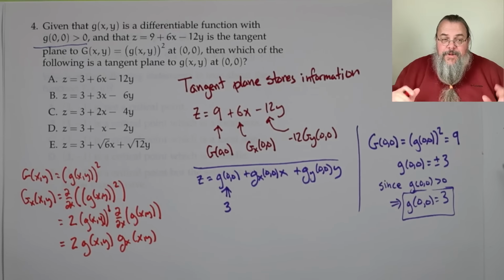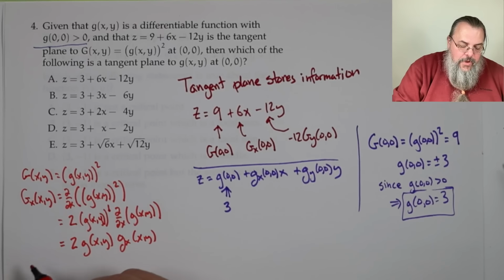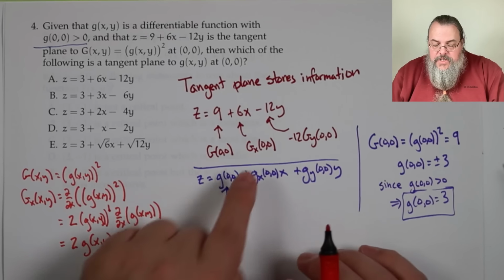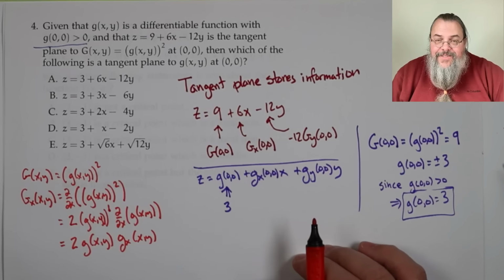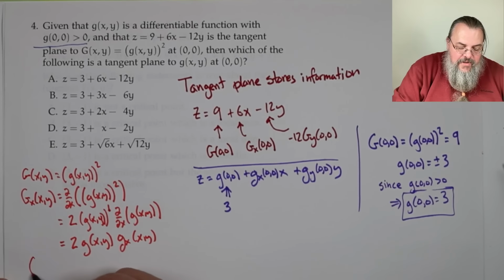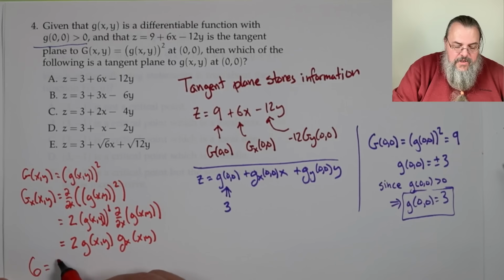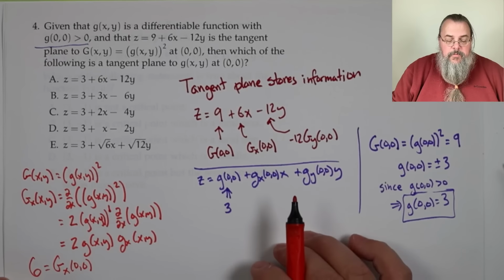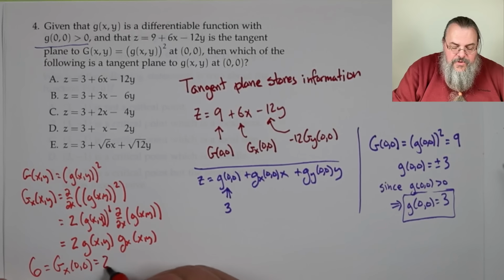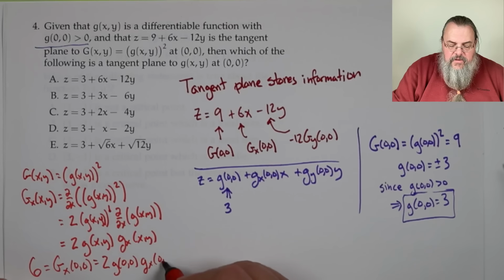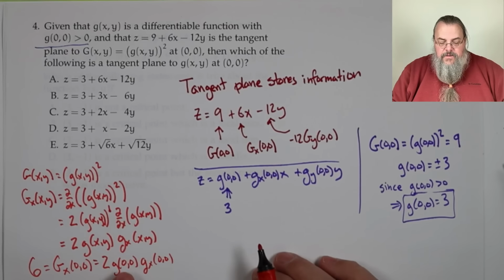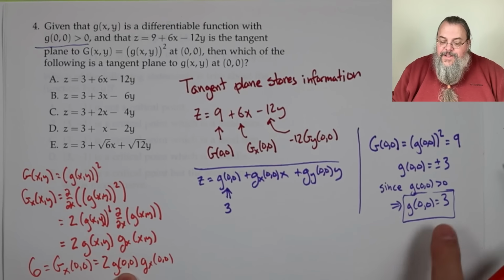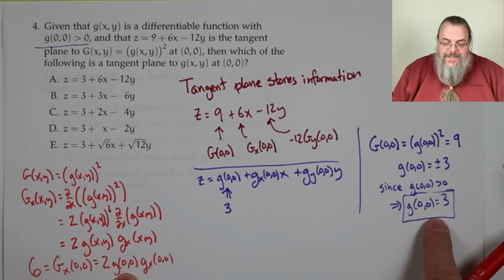Now, we'll plug things in. We know capital G sub x at 0, 0 is 6. So 6 is equal to 2 g at 0, 0 times g sub x at 0, 0. Now, do we know things? Yeah, we know that g of 0, 0 is 3.